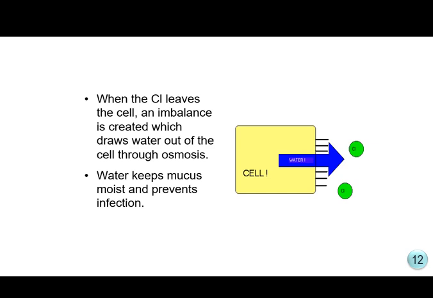A normal amount of water is good for your epithelial cell because the mucus can prevent bacterial colonization, and it will assist the cilia in removing whatever garbage is sitting on top of the apical region of the cell.